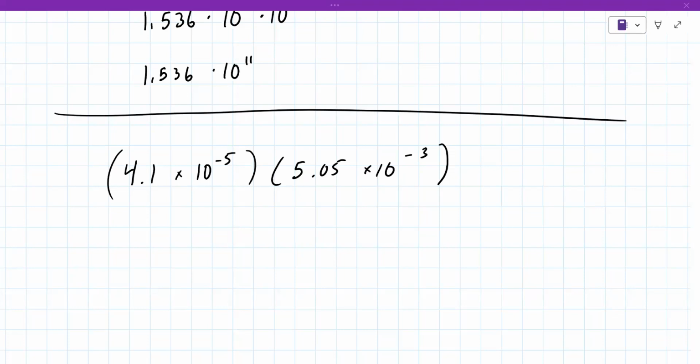What's your answer? Sorry, didn't know. Two point oh seven oh five. 2.0705 times 10 to the minus 7.